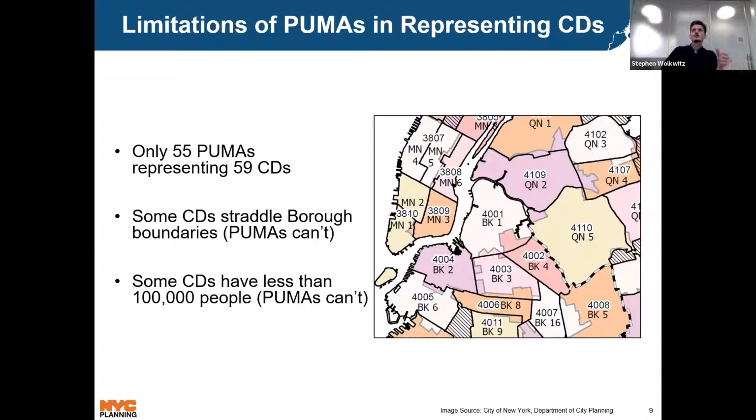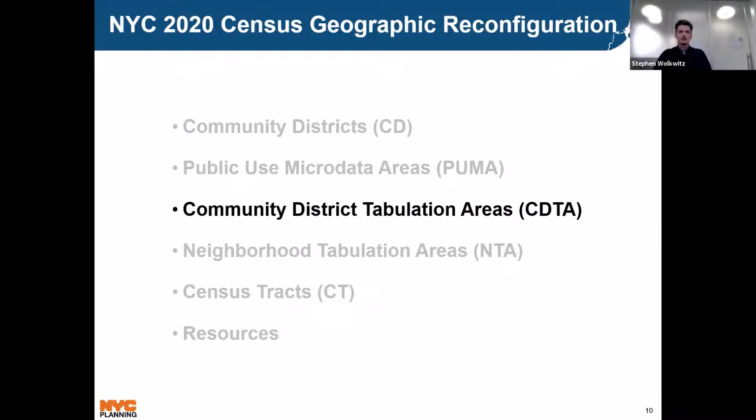So that means that when a PUMA is intended to represent a CD with fewer than 100,000 people, it has to actually combine two small community districts next to each other together in one PUMA, which is not ideal, or it has to borrow population from an adjacent community district, and that throws off not just the match for the CD that you're trying to represent, but also the neighbors from which you borrow population. So all of those factors mean that the PUMA to CD relationship is relatively rough as it stands.